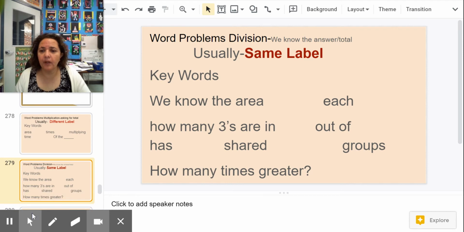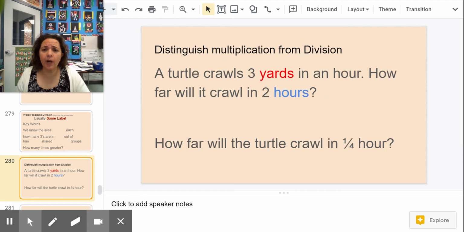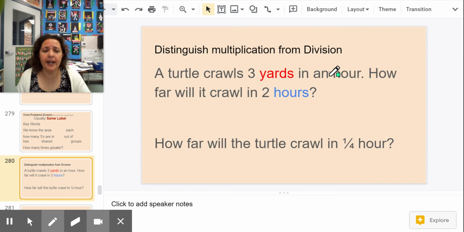Okay, all right, let's look at our first problem. We're going to have to distinguish: are they asking me for multiplication or division? A turtle crawls 3 yards in an hour. How far will it crawl in 2 hours? First of all, do I have a total? I don't think I have a total.